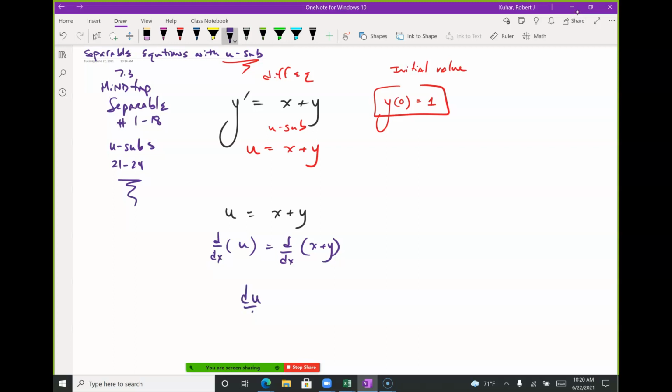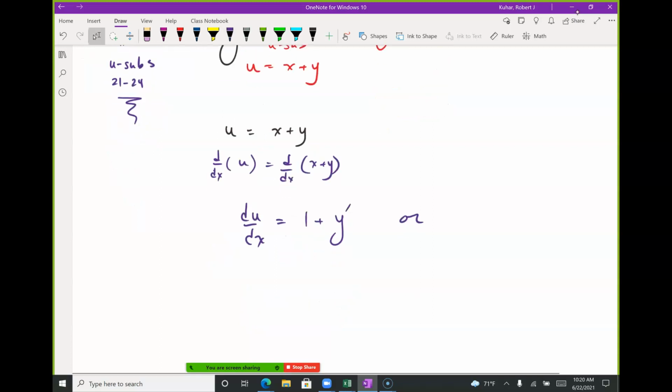Or I could just leave it as du dx because I'm going to turn that into my separable piece. What do I get on the other side? One plus dy dx. Nice, 1 plus y prime, but y prime is x plus y, so that's really u, right? And this is the little trick.